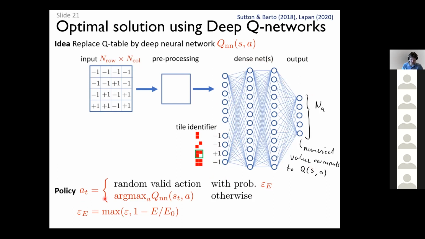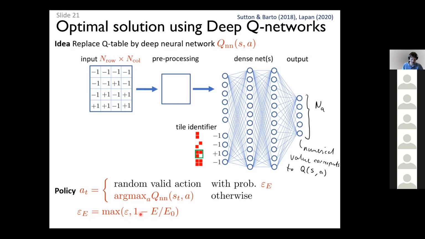So we choose the action with an epsilon greedy choice as before. So we have some exploration, so it's random with probability epsilon. In this case, we take the probability to depend on the episode number. So epsilon E is the maximum of epsilon final and 1 minus E over E naught, where E naught is some scale of episodes where we have very large exploration.